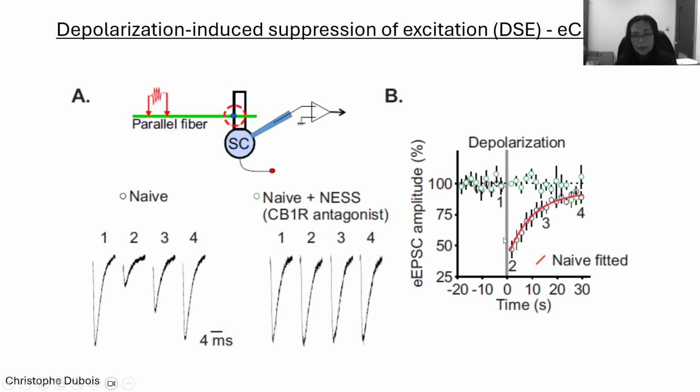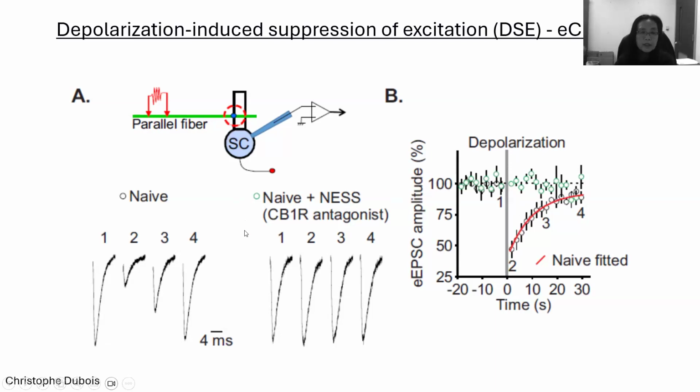After depolarization, you will see the amplitude becomes smaller. It's about half, less than half of the initial amplitude. With time, the amplitudes become greater. At about 30 seconds, they are very close to the initial level, the baseline.